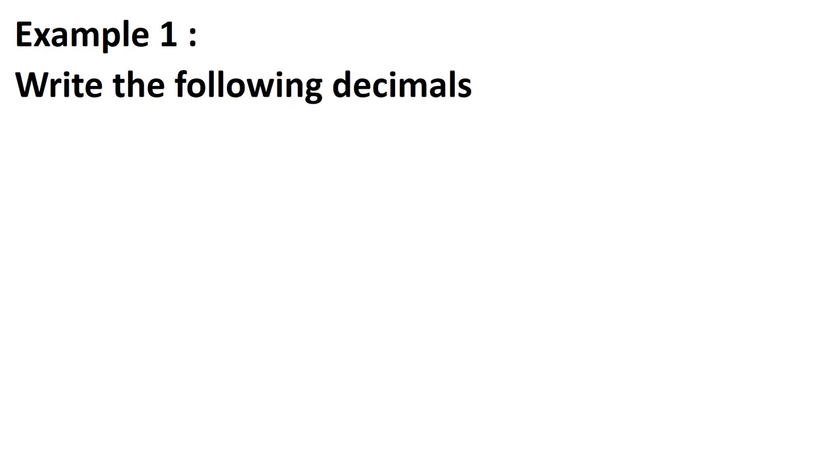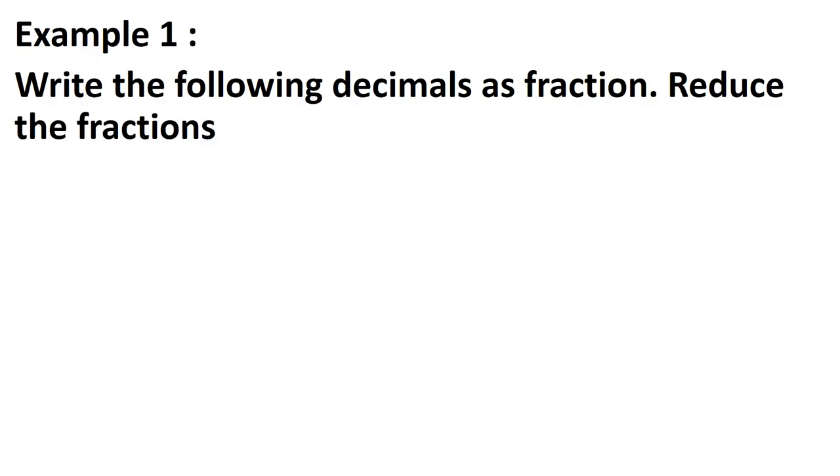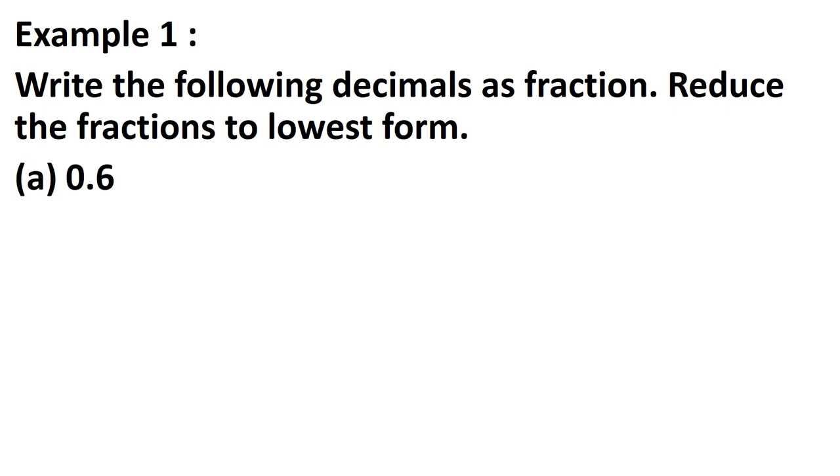Now see example 1. Write the following decimals as a fraction. Reduce the fractions to the lowest form. These types of questions are given in your NCERT exercise also. So I am taking 1 or 2 examples.